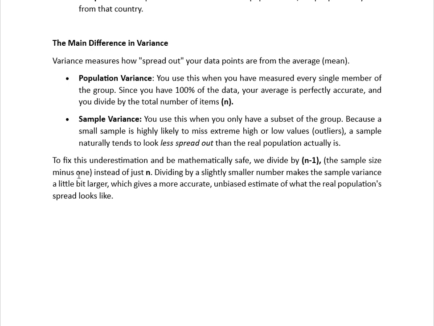The sample size in our case is 10, so we divide by 9 instead of 10. Dividing by a slightly smaller number makes the sample variance a little bit larger, which gives a more accurate, unbiased estimate of what the real population spread looks like. So this is the basic difference when you find a variance for a sample or a population.